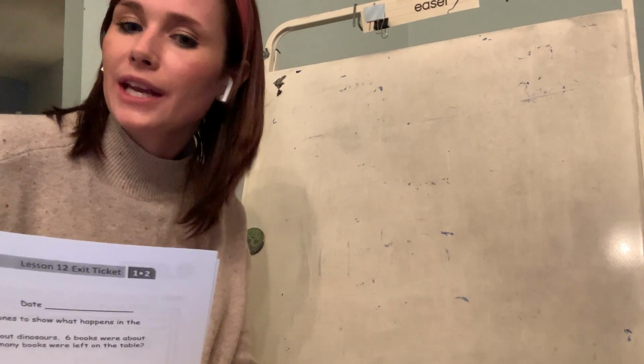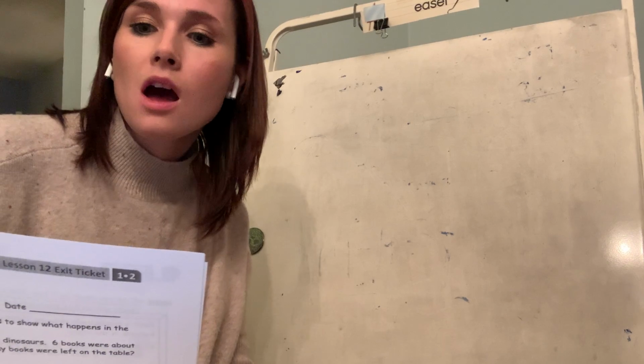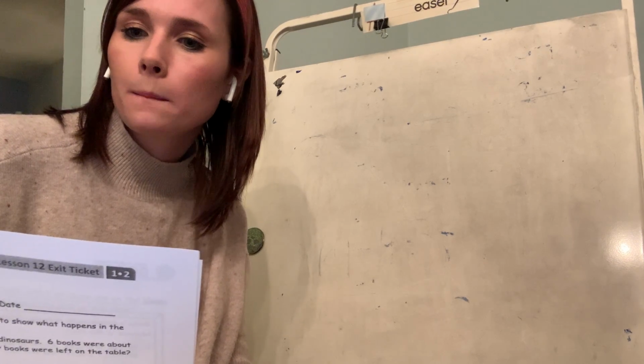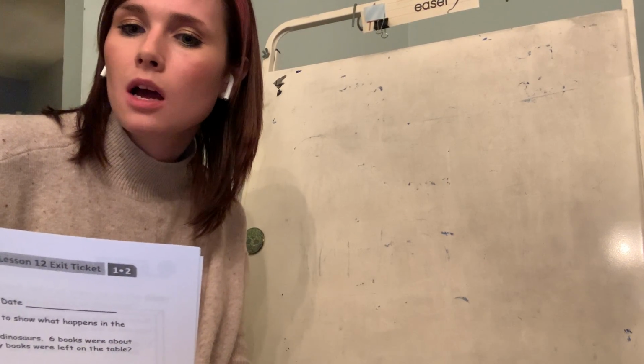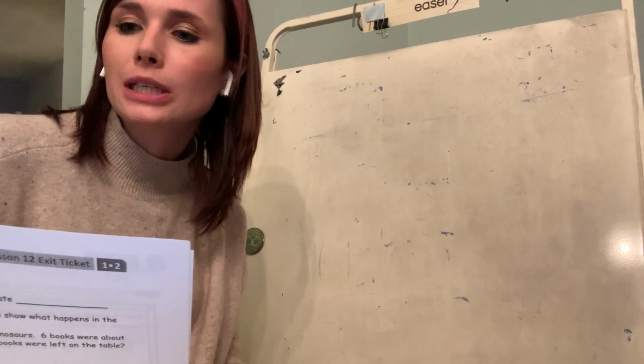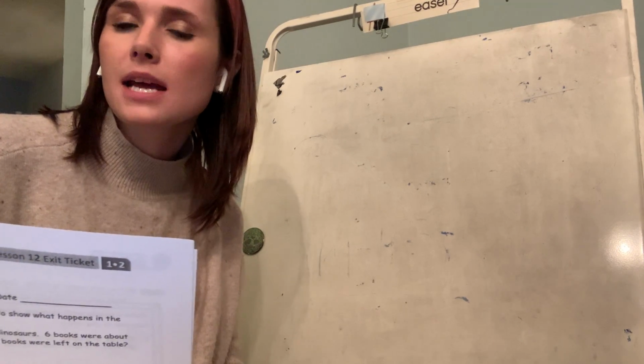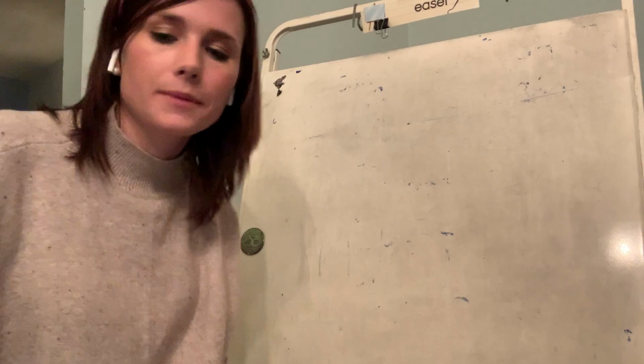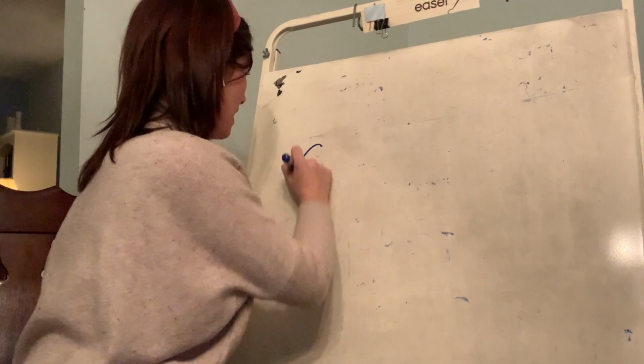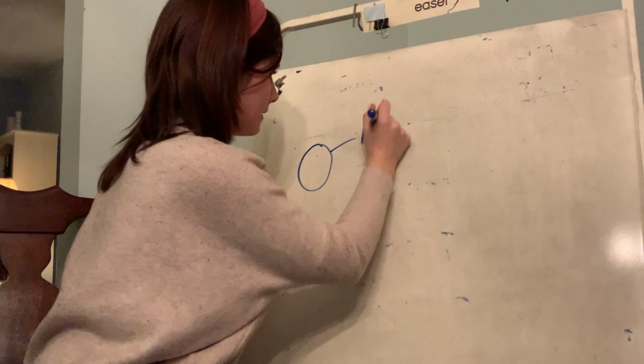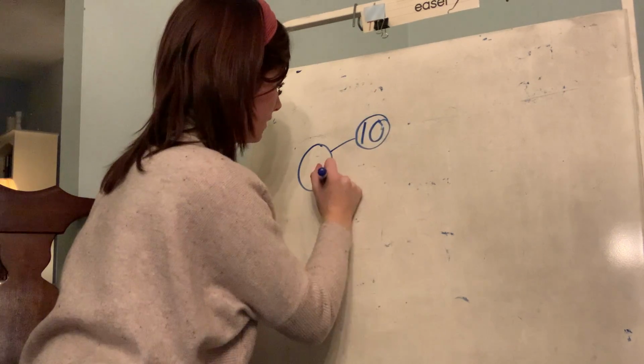Number 4 says 10 eggs are in a carton. 5 eggs are in a bowl. Joe's father cooks 9 eggs from the carton. How many eggs are left? And on your paper, you have the 2 parts that gave you 10 and 5.